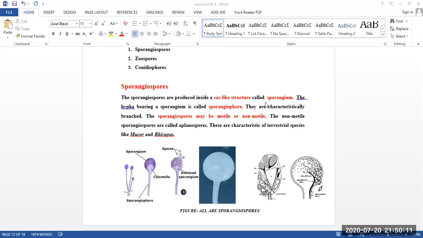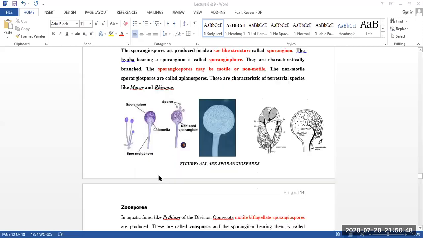The hyphae bearing the sporangium are called sporangiophores, and they are normally branched. These sporangiospores can be motile or non-motile, which means some spores can move and some cannot. The non-motile spores are called aplanospores, and we mostly find them in Mucor and Rhizopus. So that is the asexual sporangiospores of fungus reproduction.